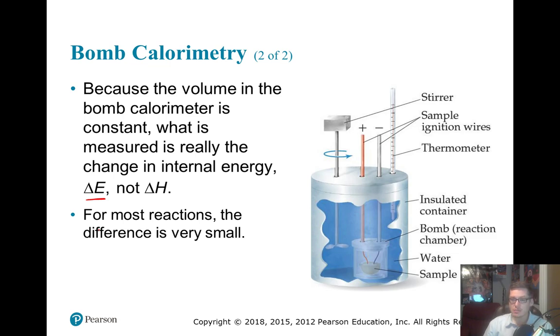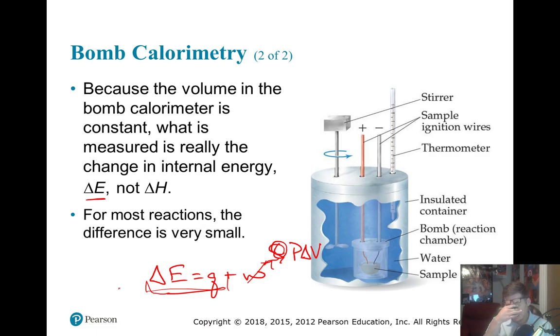That's because in a bomb calorimeter, remember our internal energy is equal to the Q plus the W, okay? And the W, remember, is pressure volume work. So pressure times change in volume, but because the change in volume is 0, essentially this is 0. Our work is 0, so delta E equals Q, okay? And so you can just assume that your internal energy and your enthalpy are pretty much the same thing, all right?